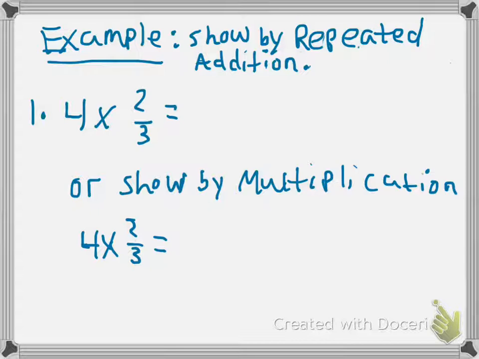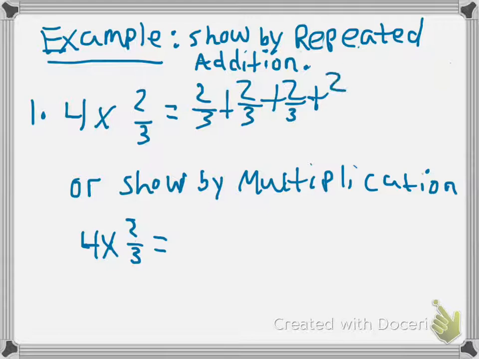You have 4 times 2/3, which means you have 2/3 4 times: 2/3 plus 2/3 plus 2/3 plus 2/3. And when you add them together, you get 2, 4, 6, 8 in your numerator, and 3 in your denominator.